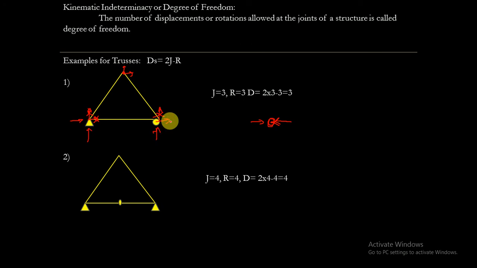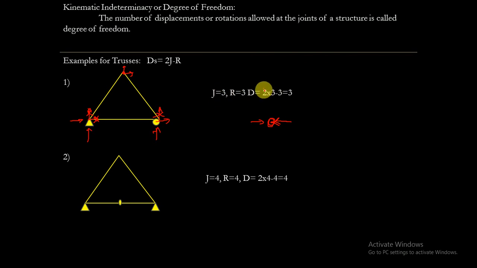1, 2, 3. When we put this in mathematical form, j equals 3 and r equals 3. At each joint there will be 2 degrees of freedom.